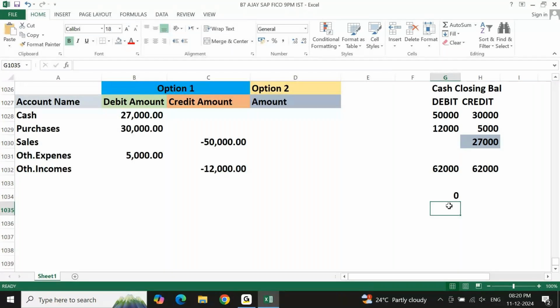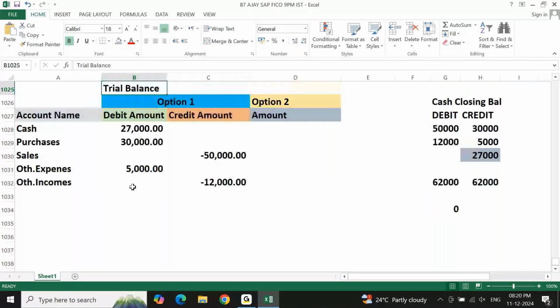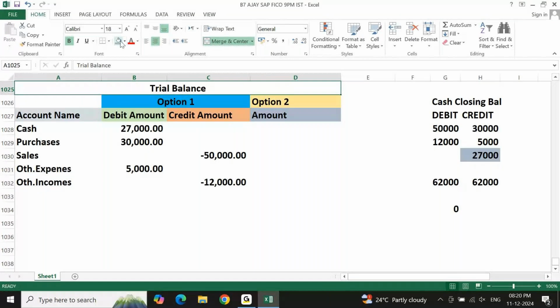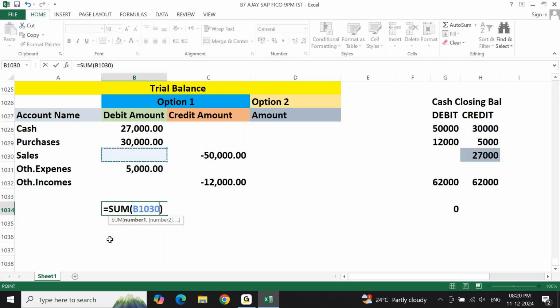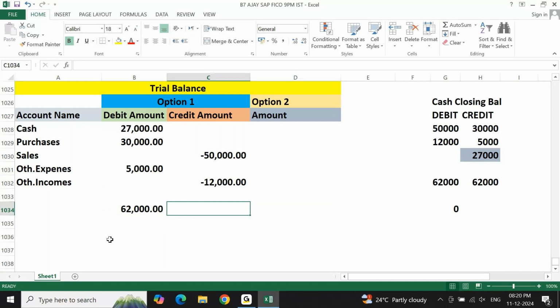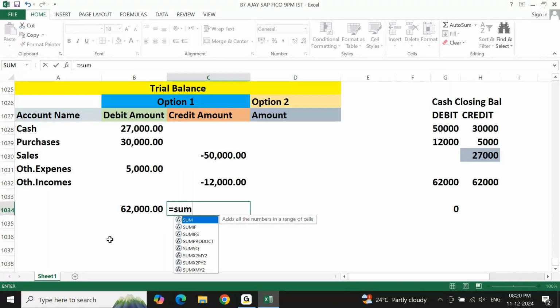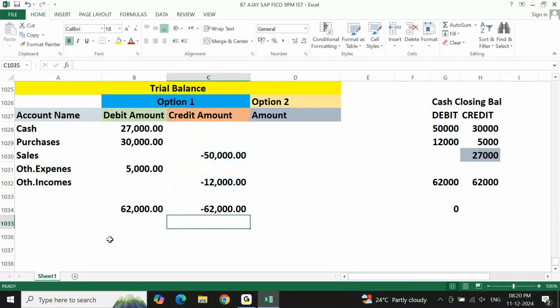Yes. Now, as per the basic fundamental rule, whenever you prepare a trial balance, the total must be 0. If I merge this and highlight it as the trial balance, the TB total must be 0. If I do a total for this 62,000, the total for this is also 62.